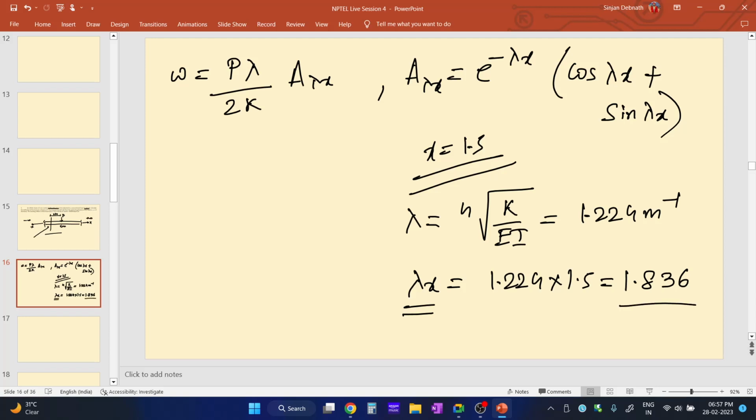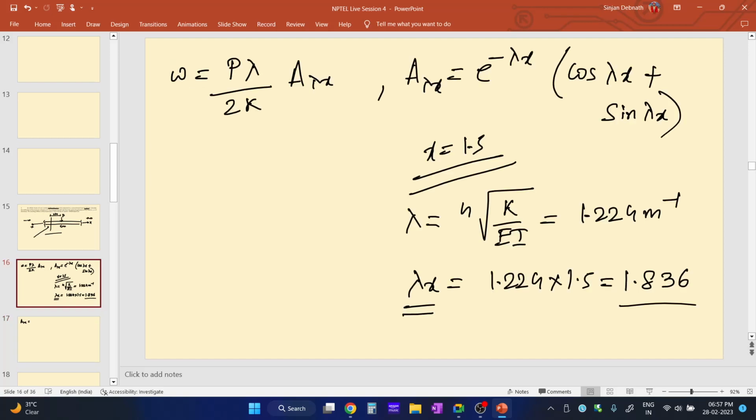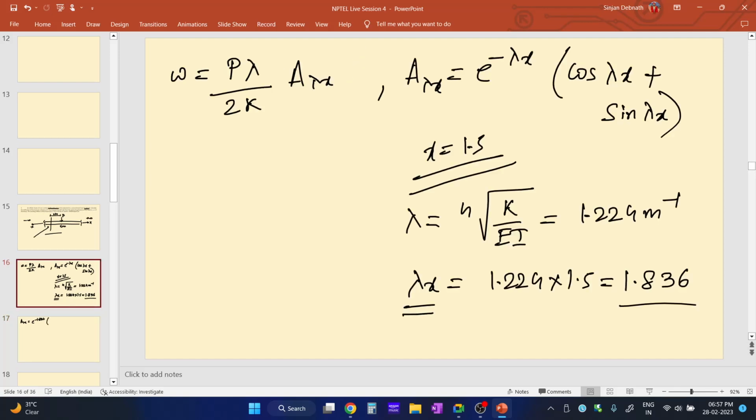So what will be the value of A lambda x? A lambda x is equal to e to the power minus lambda x, times cos lambda x plus sin lambda x.